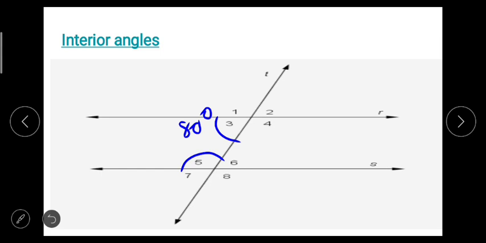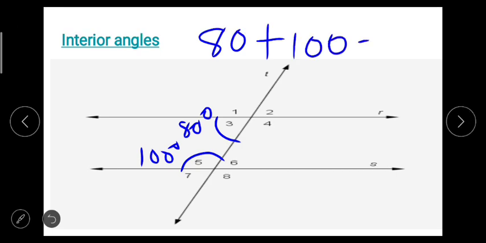Supplementary means their addition should be 180 degrees. I have given the measure of angle 3 as 80 degrees, so the measure of angle 5 should be 100 degrees. Why? Because these are interior angles, and 80 plus 100 is 180 degrees. Yes or no?